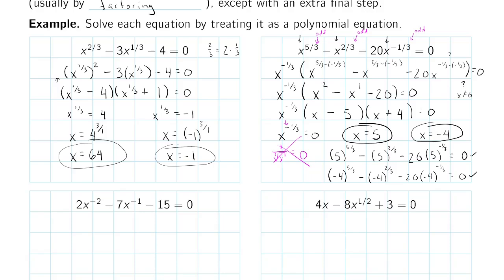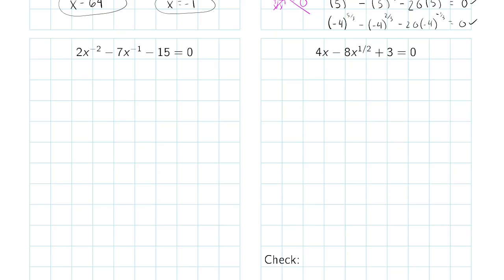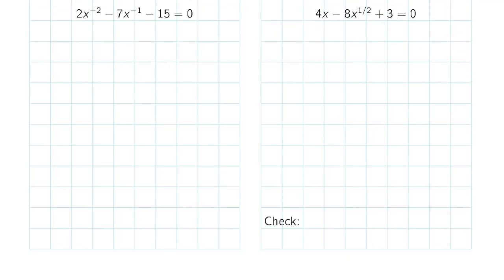Okay, let's see a couple more examples. Here we have negative integer exponents. 2 times x to the -2 minus 7 times x to the -1 equals -15. But of course, -2 is -1 times 2.